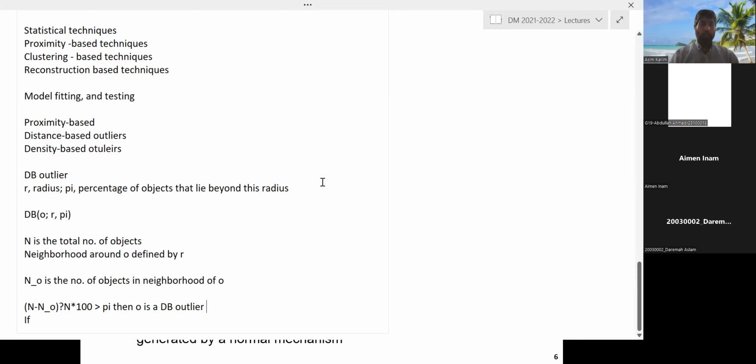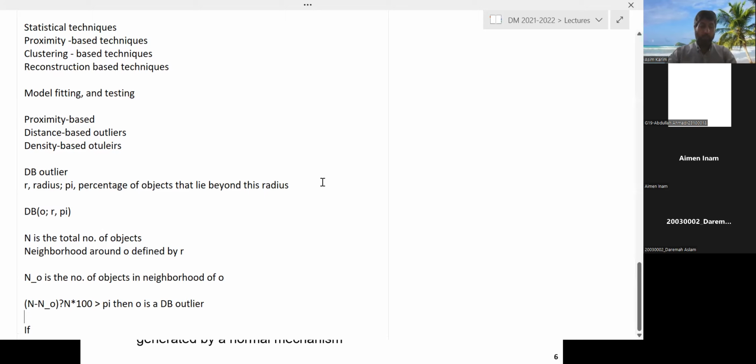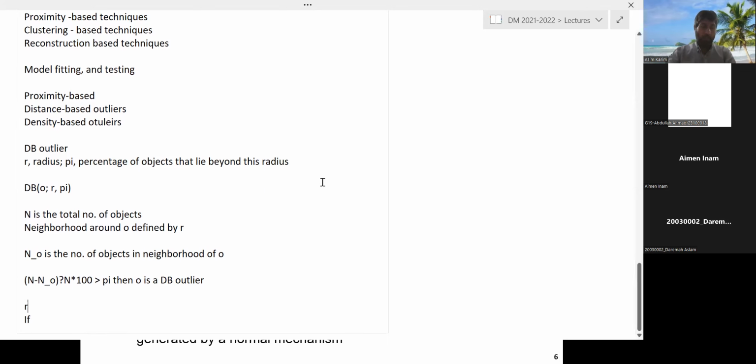Okay. So the neighborhood has NO objects, total objects were n, outside the neighborhood there are n minus NO, take the percentage of that. If this percentage is greater than the percentage that you specify as a parameter, then this is an outlier. So for example, you might have R as a radius. Of course, this radius would be defined in terms of similarity if your data set is not Euclidean.